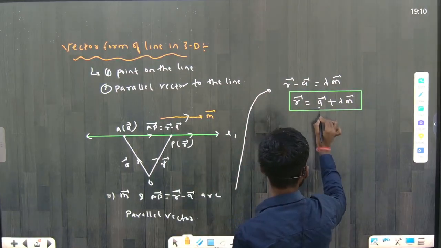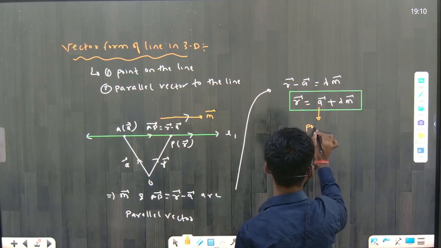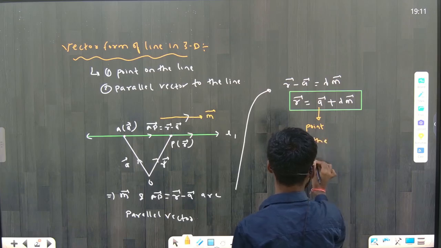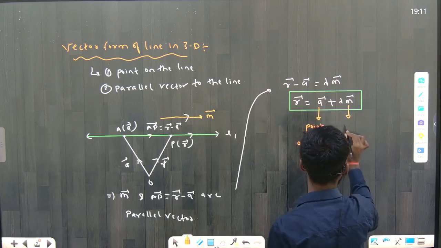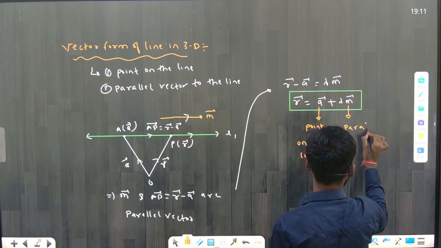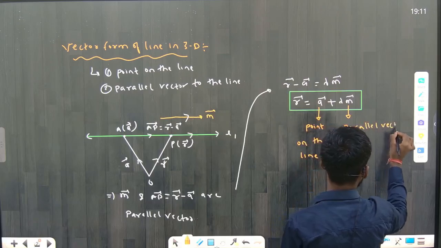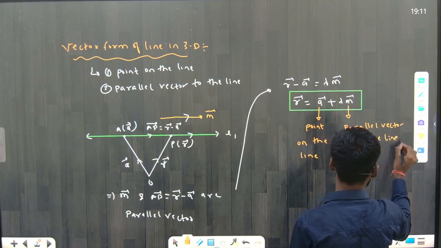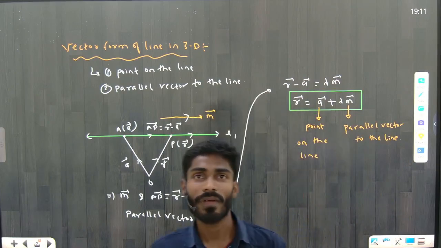Here A is the point on the line, and M is the parallel vector to the line.